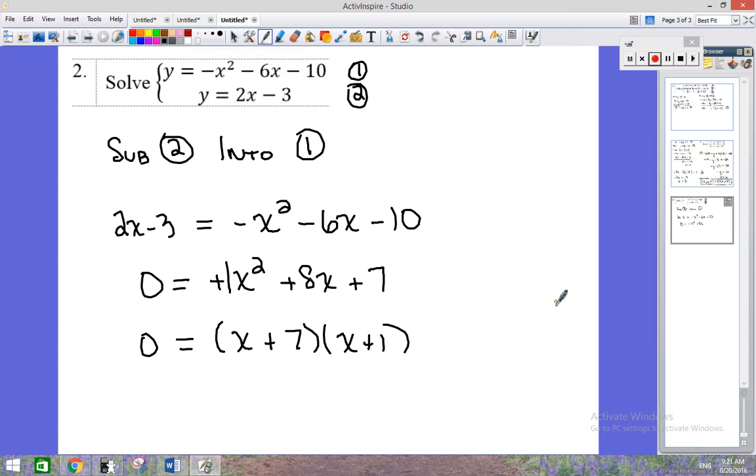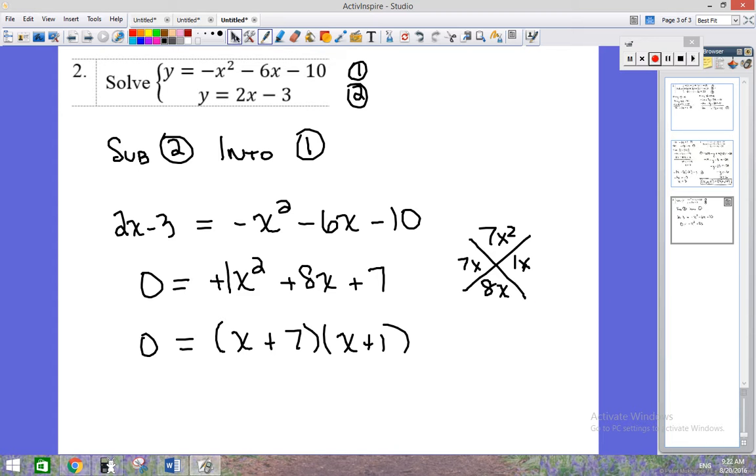You don't necessarily have to come over and do the x method on problems like this, because your x is always going to be those two numbers that multiply together to give you the 7x, but add to give you the 8x. Well, you just use the coefficients, the 7 and the 1, because this leading coefficient is 1. You don't have to come down and construct a table and try and factor it. It's easy. You just write down those values.